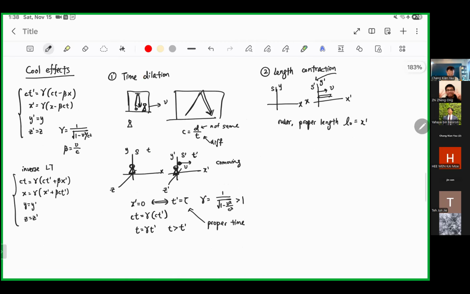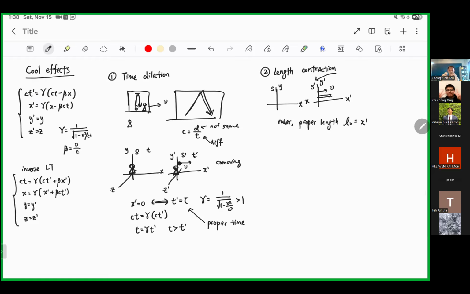Also, length contraction: how do you define the length of something? Let's say I have my pen here and it has a length, which means you take the difference between the end point here and the initial point here.